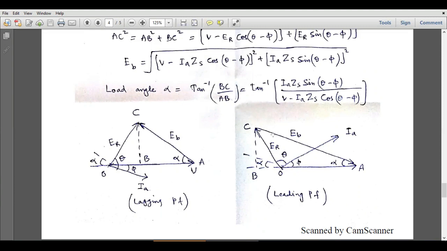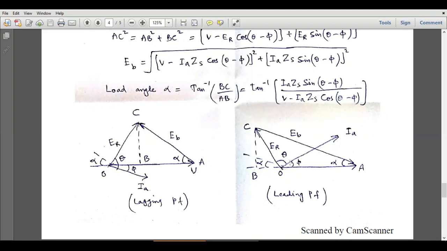In this case, this is EB, and EB is equal to AC, and it will be equal to AB plus BC, and AB is equal to V. So OA is V, and OB is another vector which will be obtained by resolving this ER into two components. So this is ER, and this is the ER cosine component, this is the ER sine component, and we have to first calculate the angle between this ER and this horizontal component.